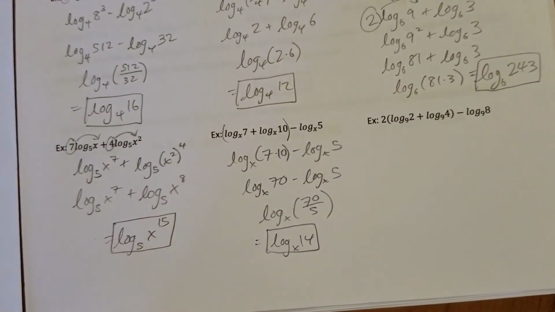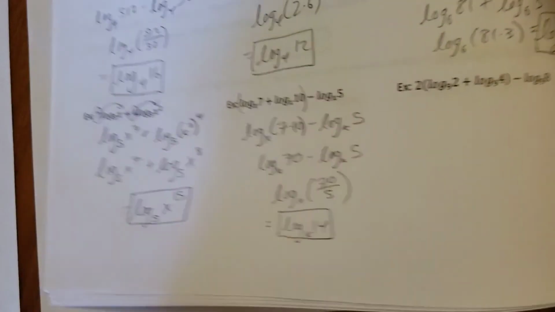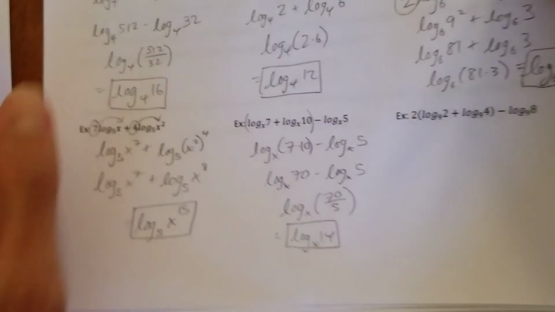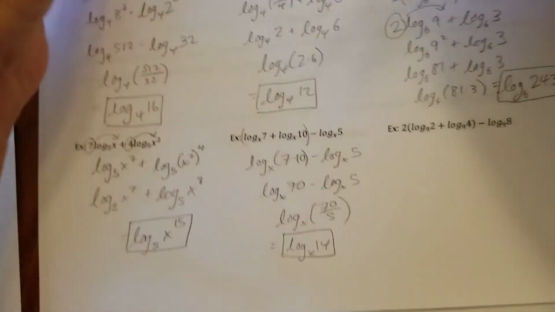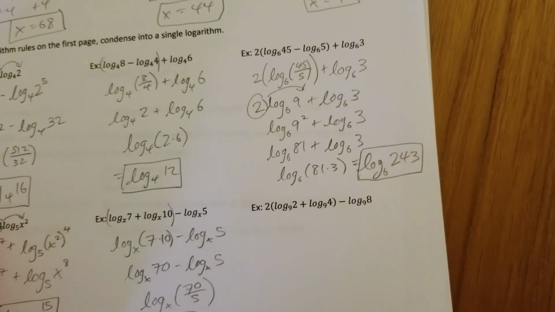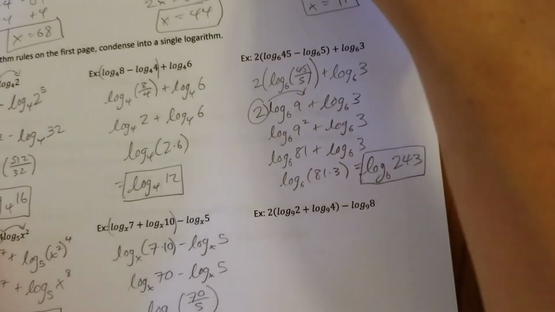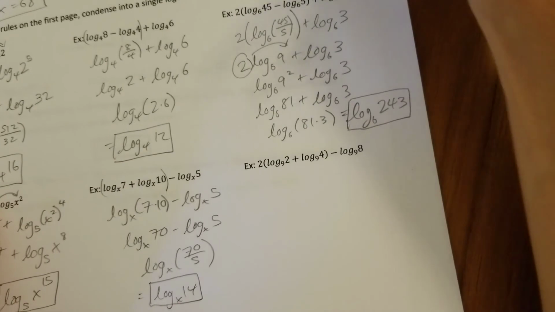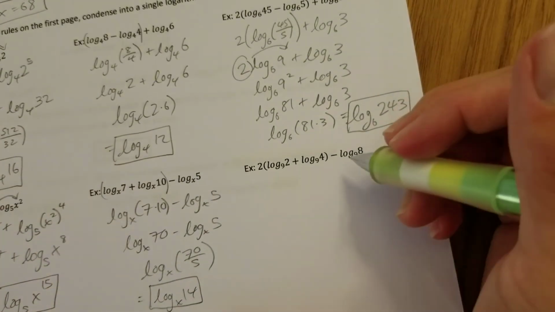Okay, I'm going to do this last one, and we'll just cut this video short, and I'll give you the next part after. So what we have here is 2 times log base 9 of 2 plus log base 9 of 4 minus log base 9 of 8.